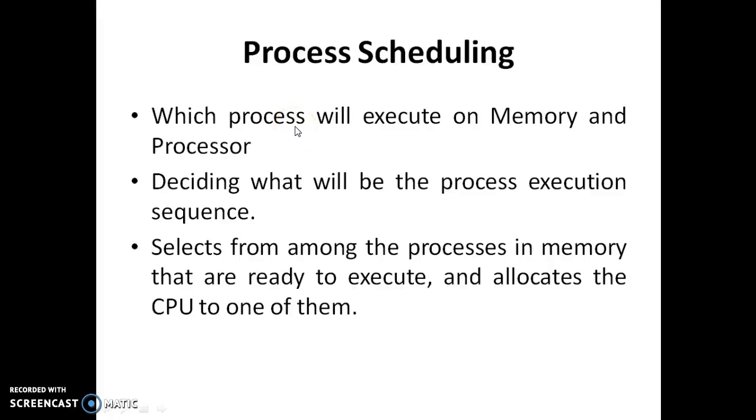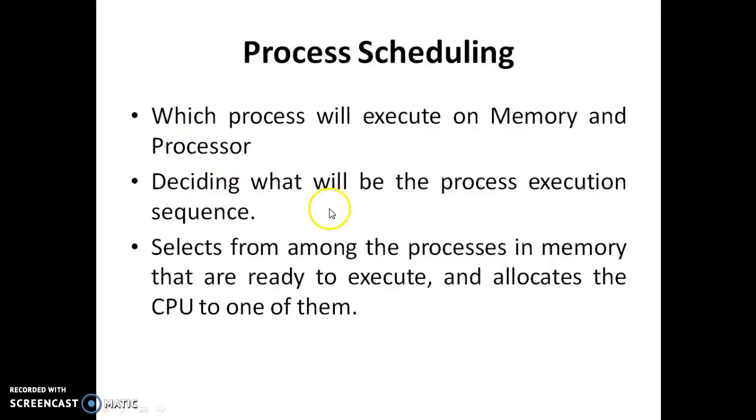Process scheduling is where the processes are going to be executed in the RAM or a processor, we can say in memory or a processor. So the scheduler, or process scheduling, defines, out of multiple processes, which process will execute in main memory, that is in a ready state, or which process goes to the processor, that means in an execution state.